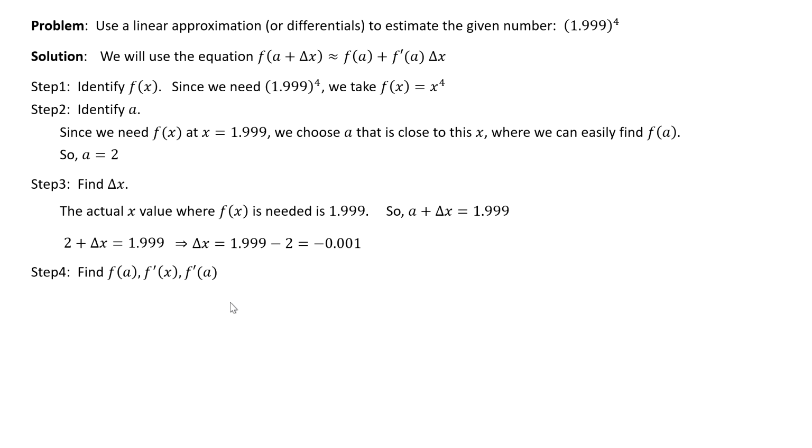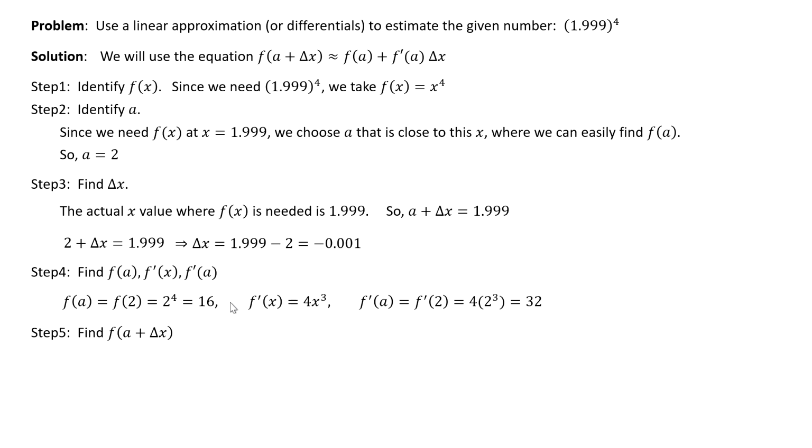So f prime of a is actually f prime of x evaluated at a. Cool. So keep that in mind, please. F of a we know is this. F prime of x is 4x cubed. And so f prime of a would be f prime of x evaluated at 2, and that turns out to be 32. Cool.